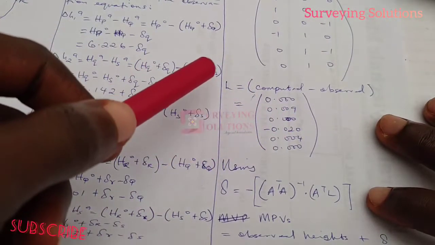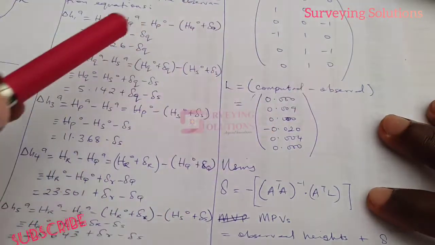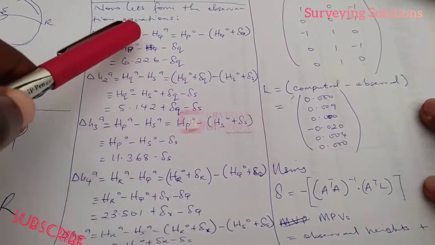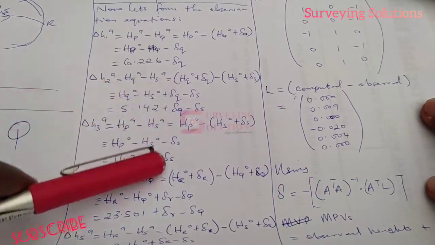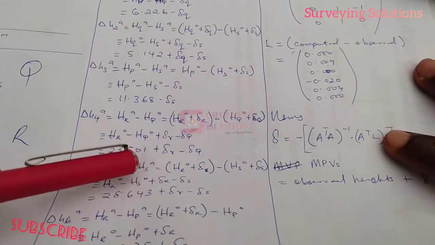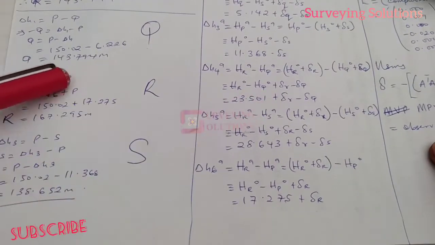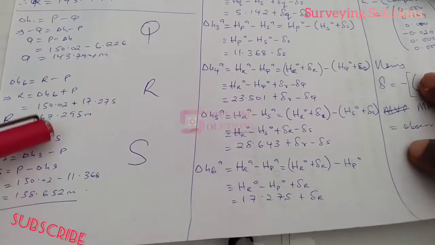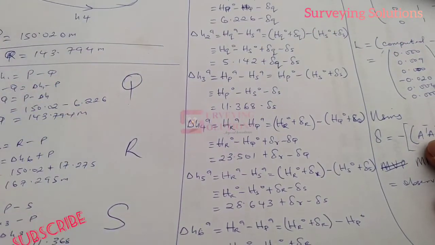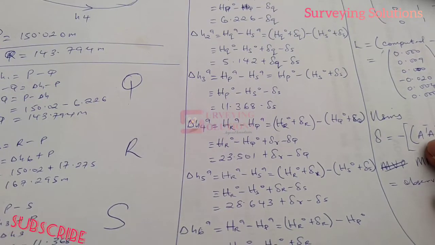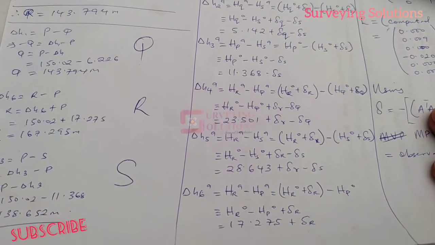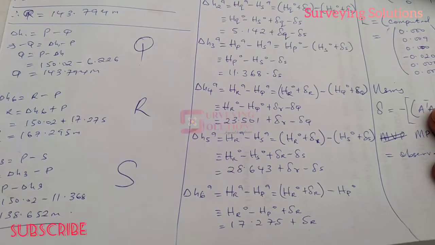Our L matrix is very simple: the computed minus the observed. In this case, the computed will be all the heights you got while you're carrying out your calculation. That's why we say you need a calculator. And then the observed will be these observed values you already have here, or the change in H that was given to you. Are we together? That you saw in the other material or the other note.